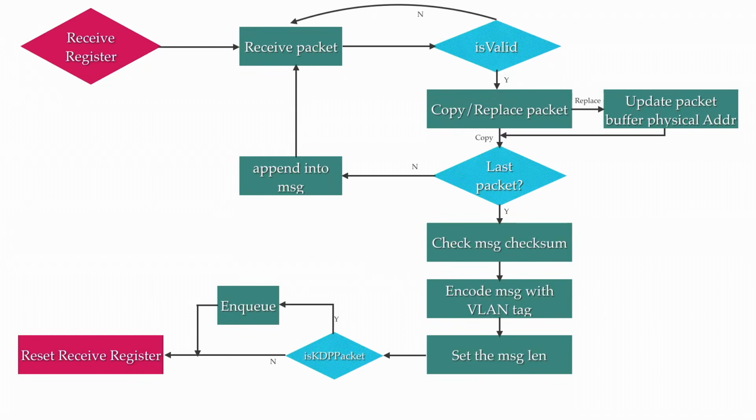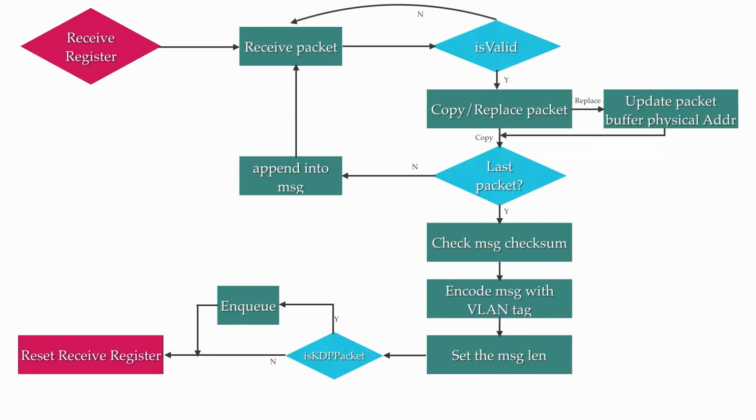By the way, it's up to the system here whether to copy or replace, according to whichever is more time efficient. If replace, it should update the packet physical address first. Then the function will check if this packet is the last one.